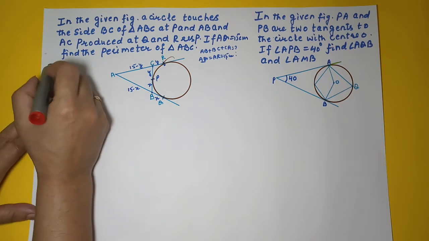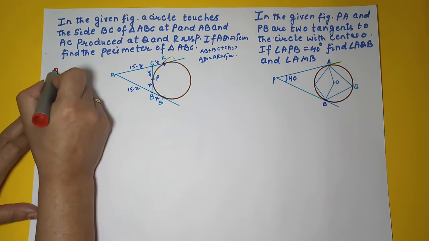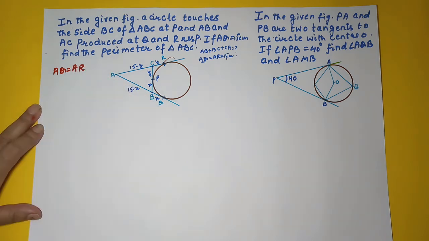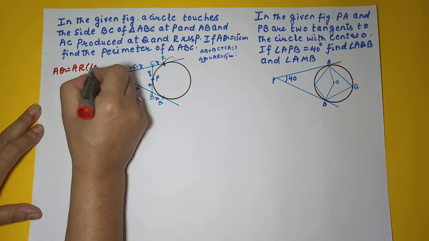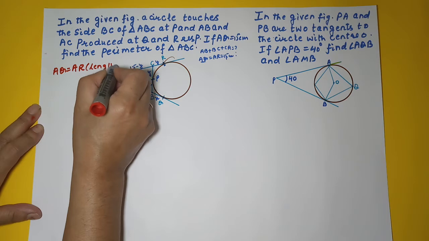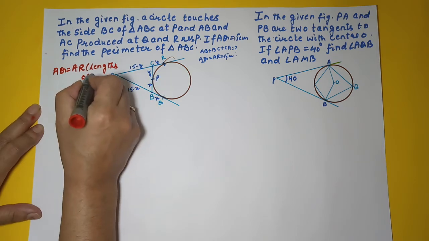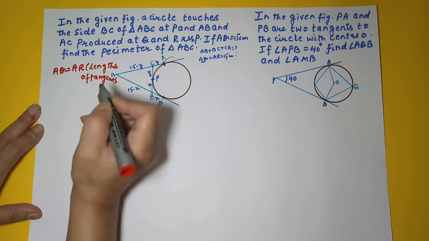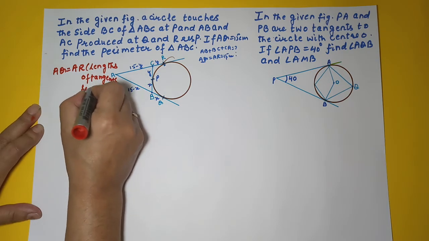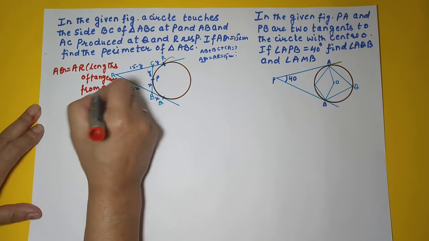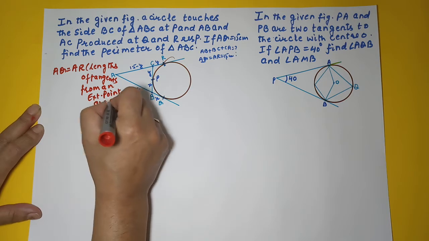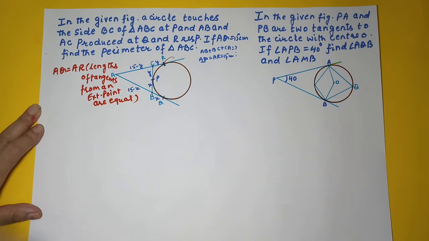We will say that AQ is equal to AR. Why? Because lengths of the tangents from an external point are equal, right?